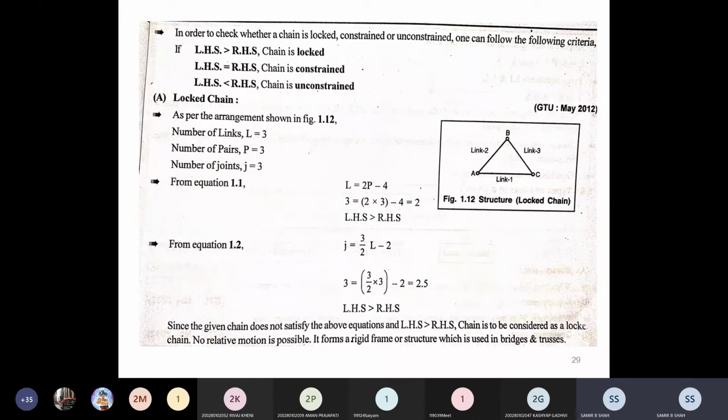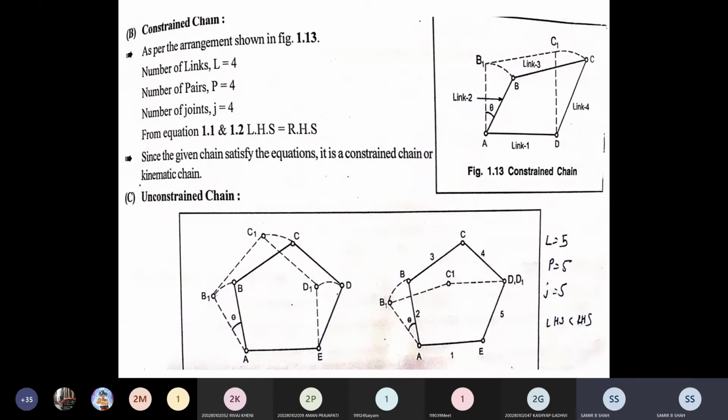Now in the same way for the next one, the number of links is 4: 1, already indicated in the diagram, then 2, 3 and 4. The number of pairs is also 4. If two links are joined at one point, it is called a pair. So 1, 2, 3 and 4, and the number of joints is also 4.